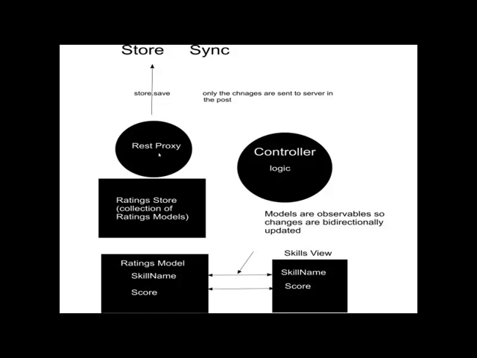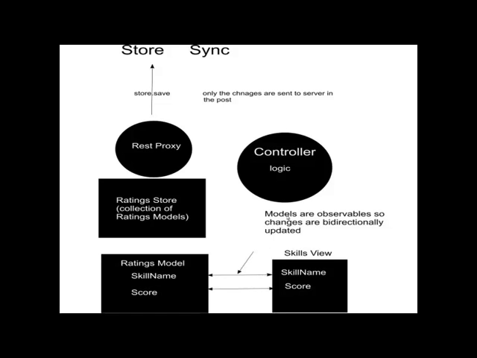And this is the web proxy that will obtain our data from our .NET server. And we're going to then take and bind our models through the store. Will be bound to our view.